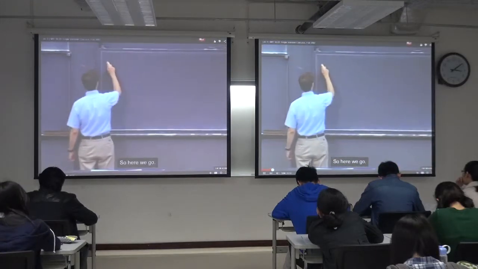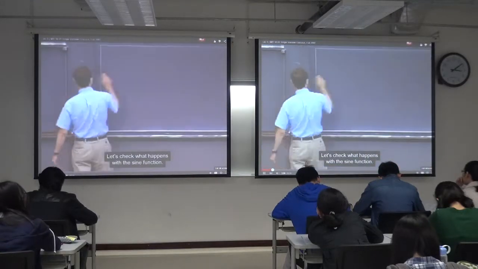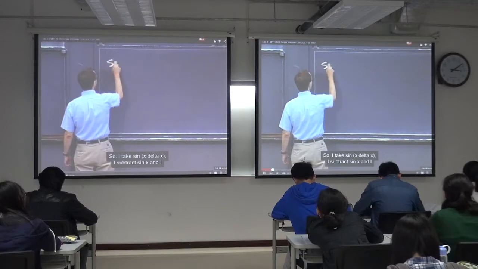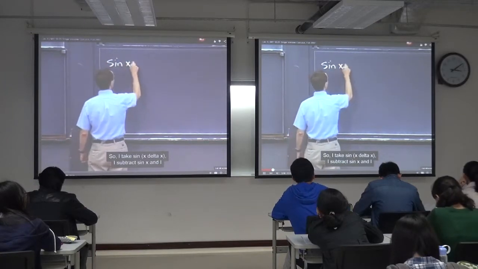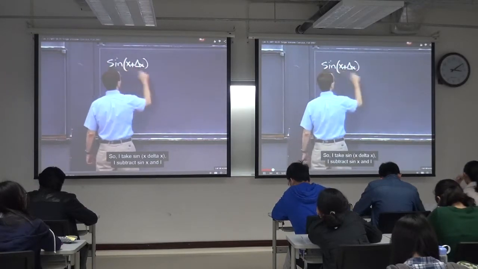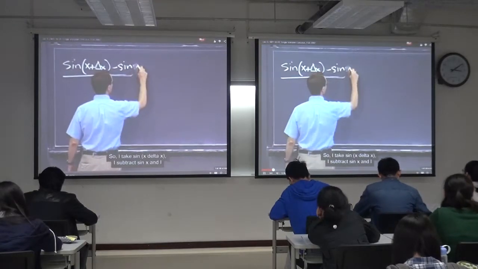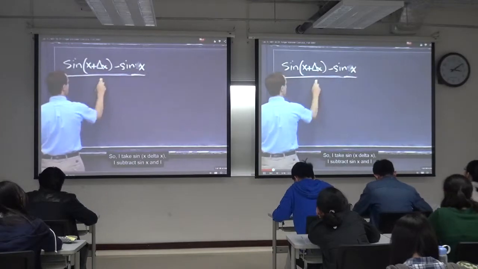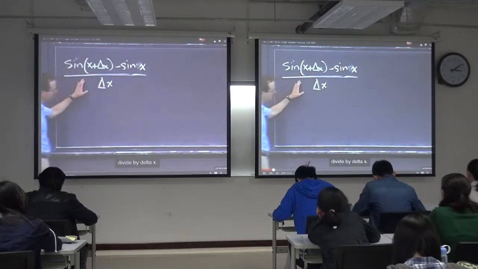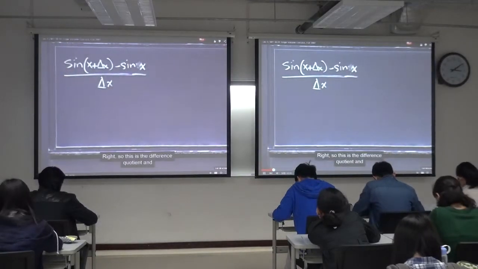So here we go. Let's check what happens with the sine function. So I take sine of x plus delta x, I subtract sine x, and I divide by delta x. All right, so this is the difference quotient.